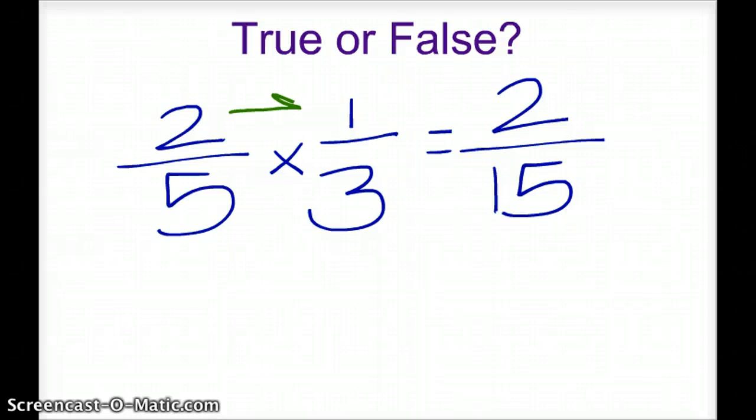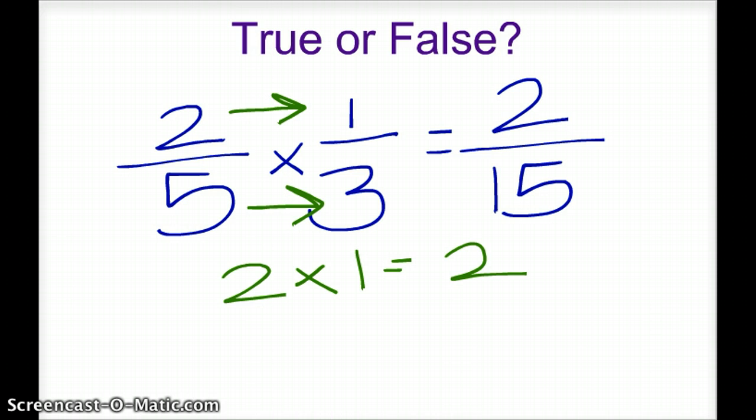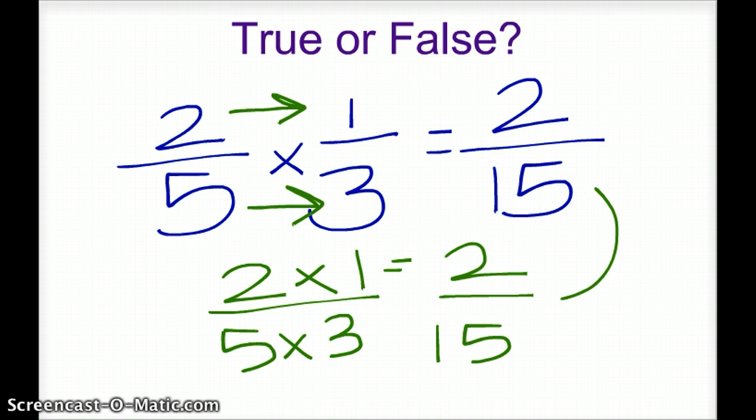You multiply across the top and you multiply across the bottom. 2 times 1 is 2. 5 times 3 is 15. Does 2/15 equal 2/15? It sure does. This is true. Again, if you did not get this, go back. I know some of you probably tried to flip that 1/3 into a 3. Remember, you only do keep, change, flip if it is a division problem.